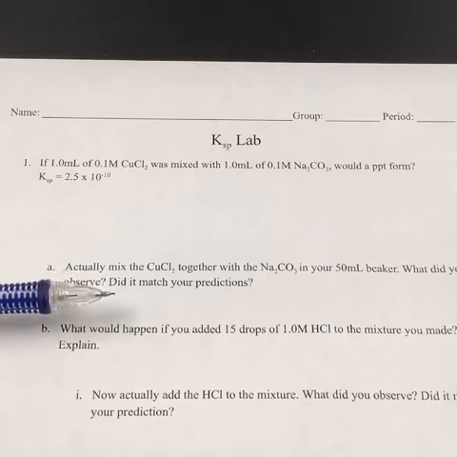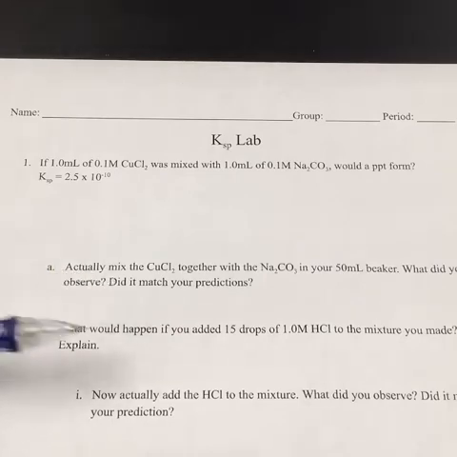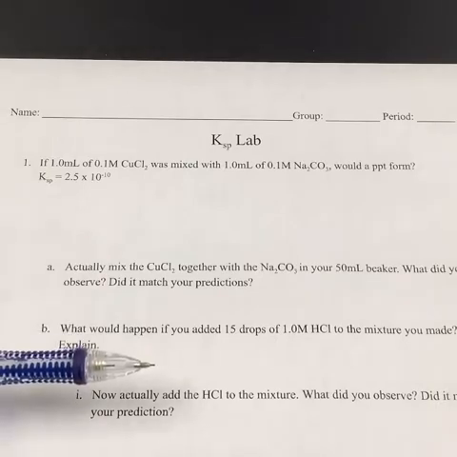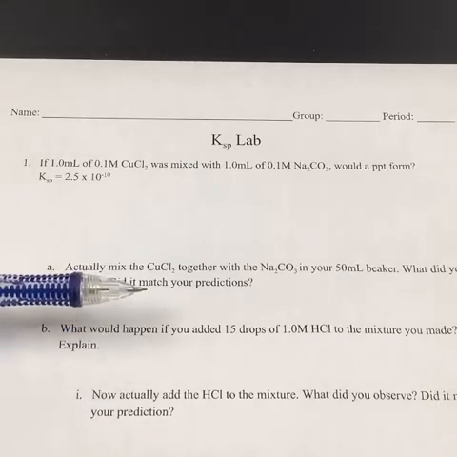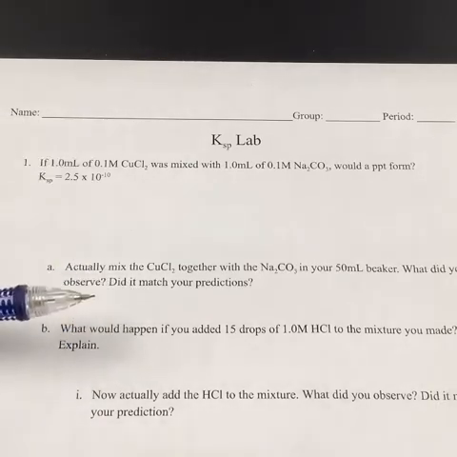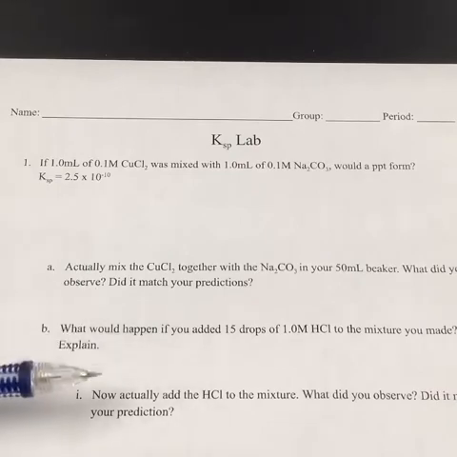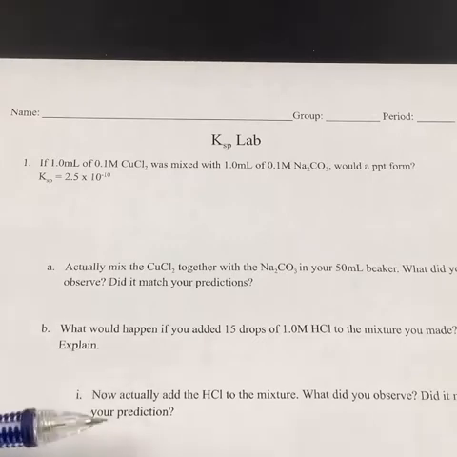At that point, you'll see that the next one says, what would happen? It's another question. So at this point, you will be prompted to pause the video and you'll try and make your prediction. And then you'll start the video again and see how it actually went.